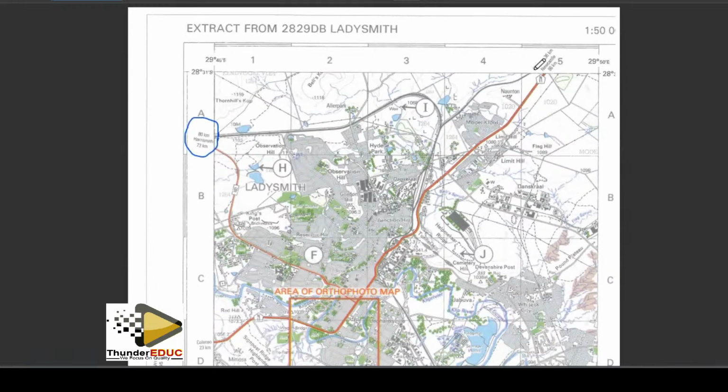We have this town indicated here. Unfortunately, I need to enlarge my map so that it becomes more visible. It's Glencoe. Glencoe is 36 kilometers via rail line, and Newcastle is 98 kilometers on road.